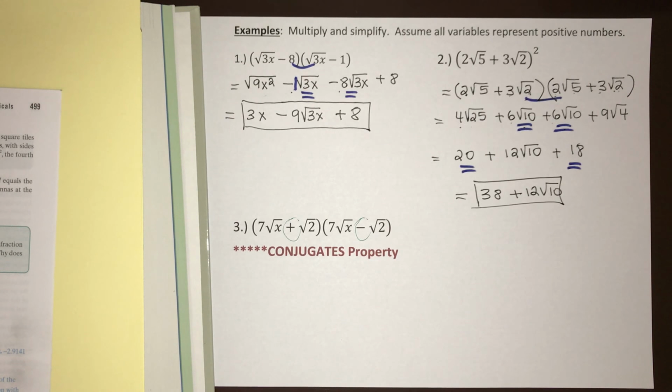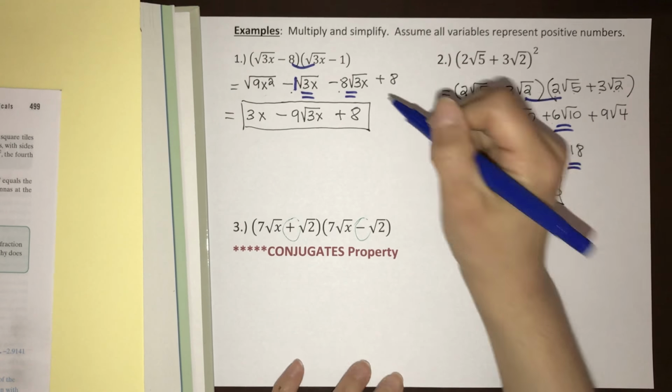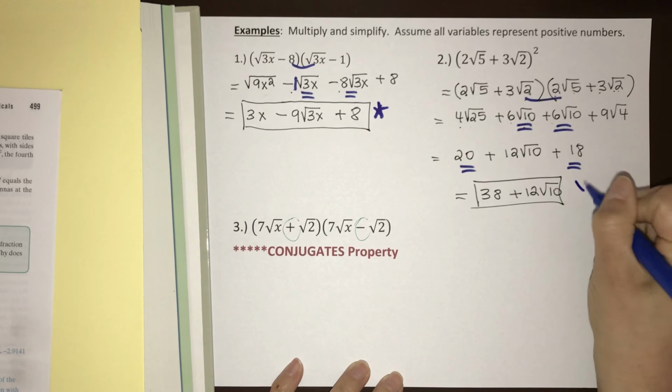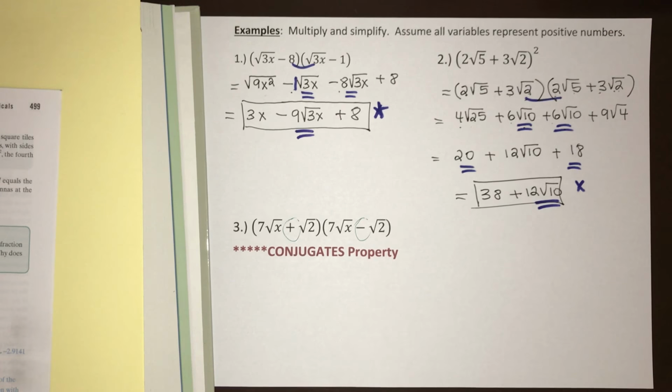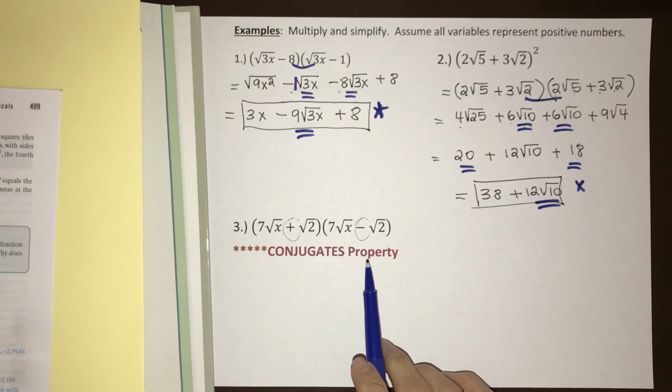When you multiply conjugates, you have a special property, and that is that the final answer will not contain a radical. Notice that in example 1 and example 2, there are radicals in the final answer. When you multiply conjugates, the final answer will have no radical.